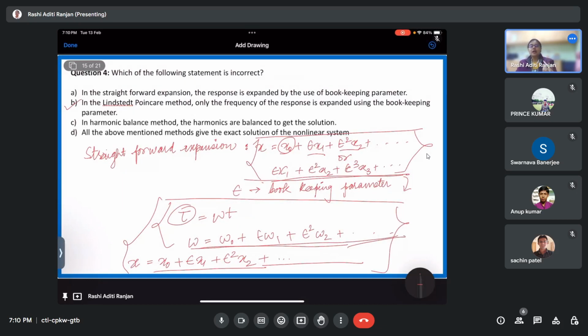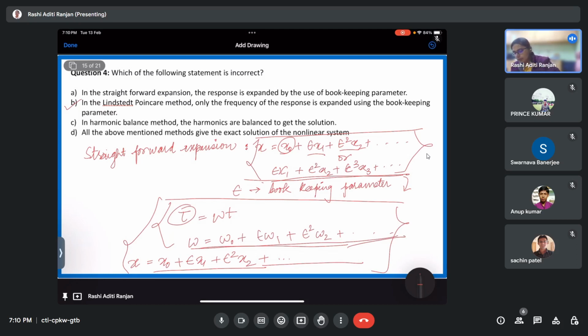Like in the case of a linear spring mass damper system, I can use the idea of complementary function and particular integral and properly write x as a function of t. But in this case, that is not going to happen. We are finding the solution only for a certain parameter value and only for a certain range of x. It is not going to take care of all the nonlinear behavior of the system.